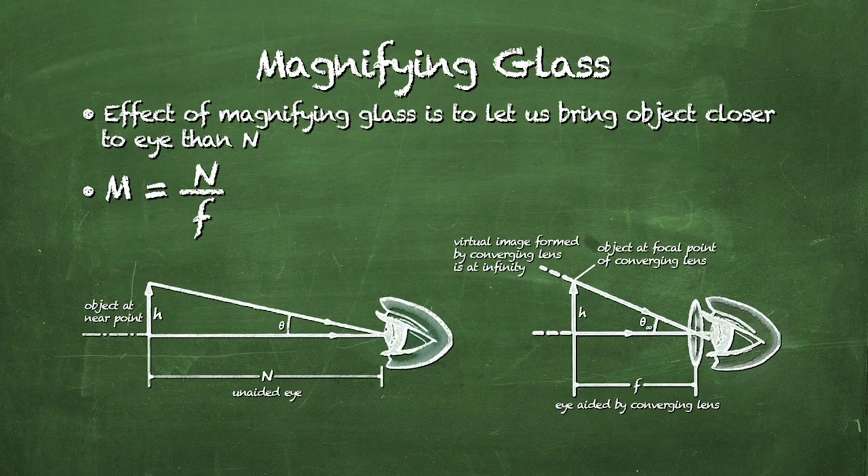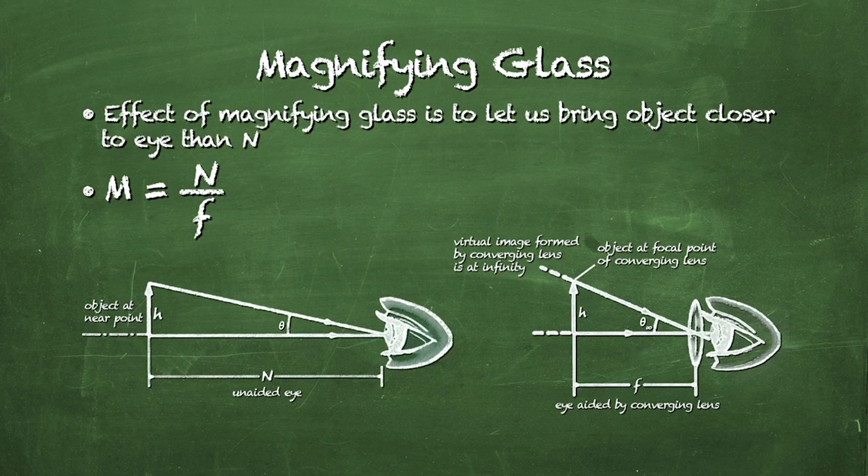The angular magnification would be the angle with the aided eye, which would be the height divided by the focal length, divided by the angle for the unaided eye, which would be the height divided by the near point. And when you divide those two, the height of the object cancels out, so the magnification of a magnifying lens is simply the near point of your eye divided by the focal length of the lens.